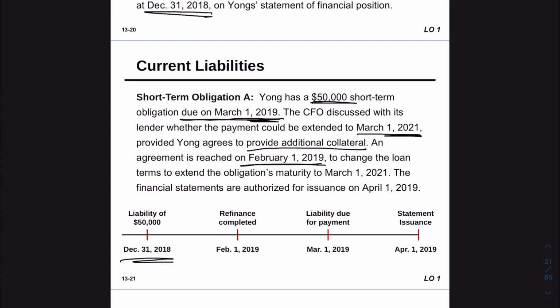And then we had an agreement to extend that payment on February 1, 2019. So first of all, we've reported that liability, and then we've had that agreement after a couple of months. And then the liability was due for payment on March 1, 2019, and then the financial statements were authorized for issuance on April 1, 2019.